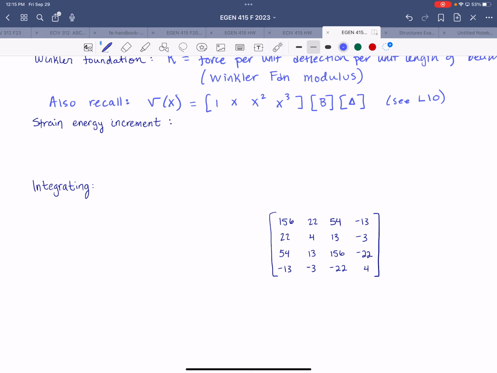For the Winkler foundation, our strain energy increment will now look like this. So we're going to have our Winkler modulus divided by 2 out front times the integral from 0 to L. And then we're going to have that displacement expression transposed times the displacement expression.